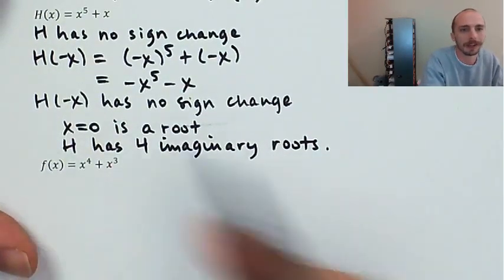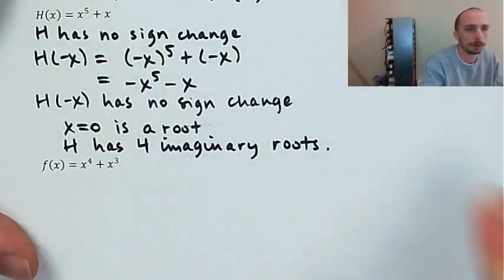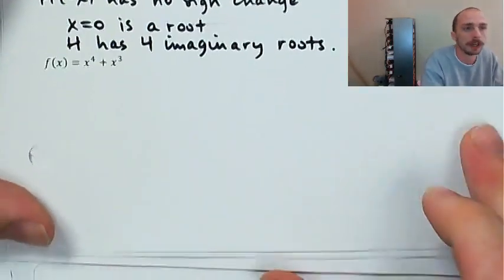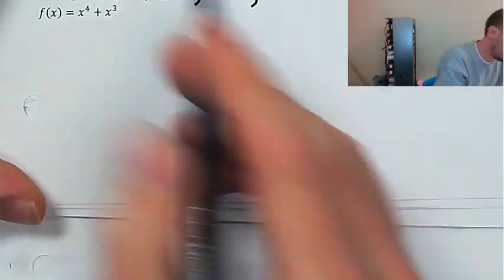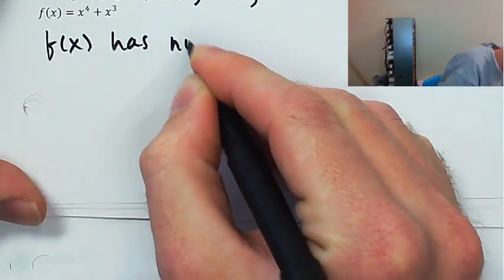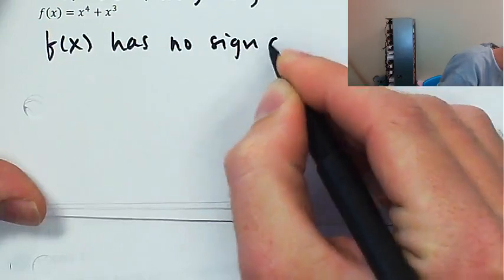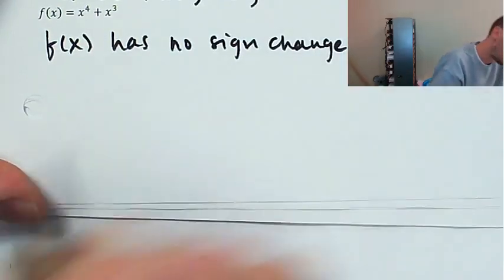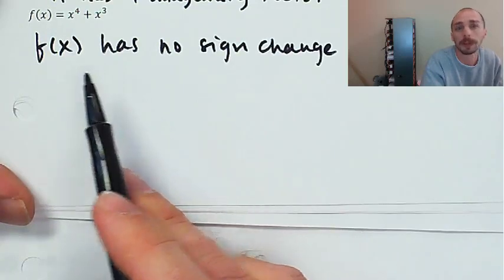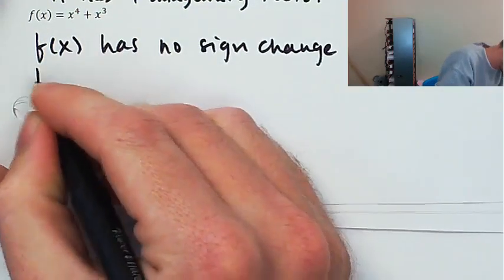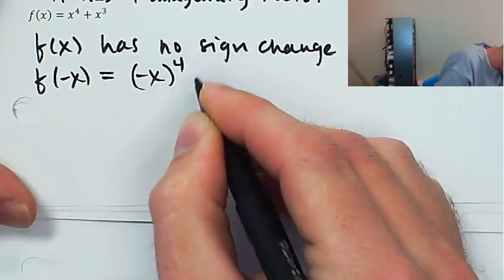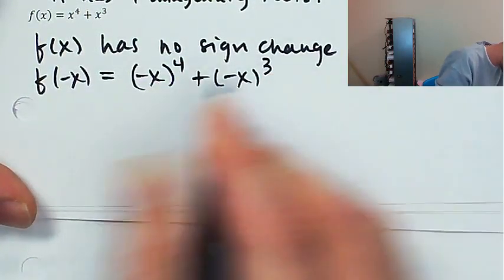And then x to the 4 plus x to the 3, I need to focus that a little bit better. I don't know if that's improved. I hope it is for your sake. X to the 4 plus x to the 3, so f of x has no sign change. It means no positive roots. F of negative x equals negative x taken to the 4th power plus negative x taken to the 3rd power.